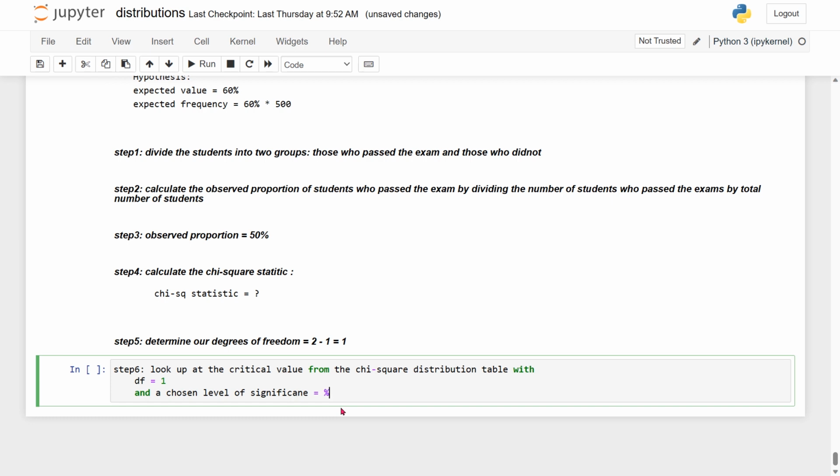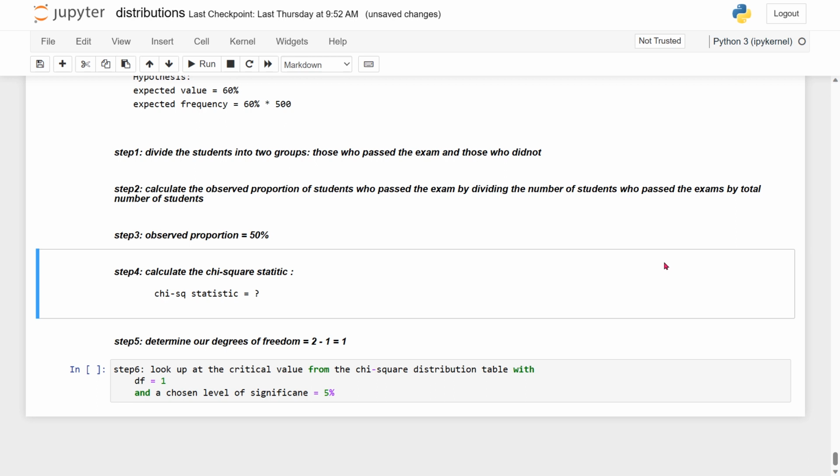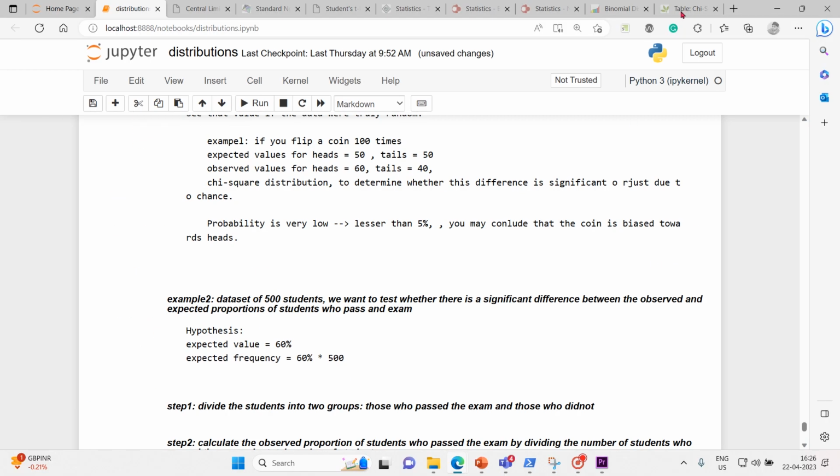Level of significance of 5%. So let me see now. So I have this table here, which is a chi-square table. Yeah, it's taking some time, just a minute.